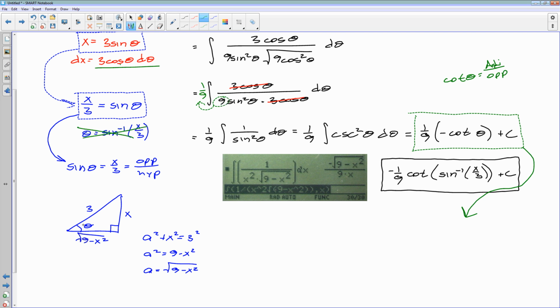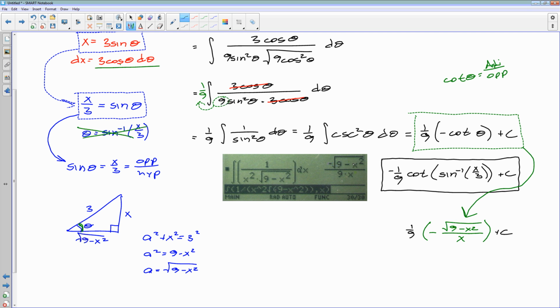If I look at my triangle, here's my angle. The adjacent side is the root of 9 minus x squared. The opposite side is just x. And I'm multiplying that by 1/9 plus some c. And that is what we have here.